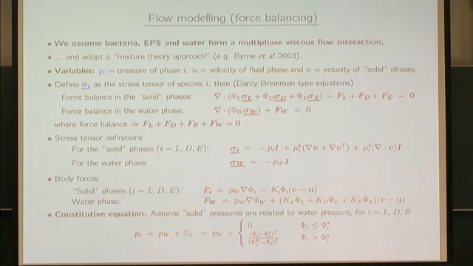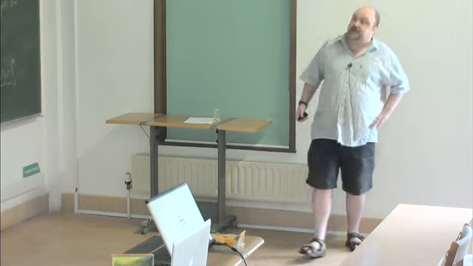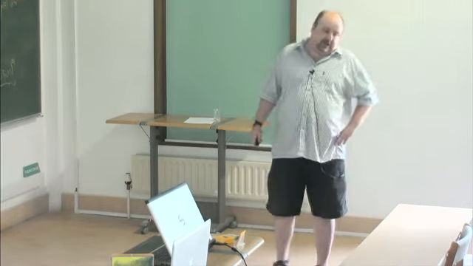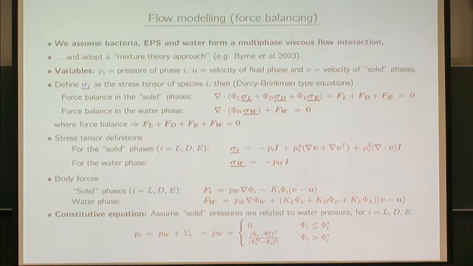In fact, there's more inspiration from a model for tumours, which was taken from mixture theory. So basically, the idea is we've got a multi-phase system. We've got live cells, dead cells, water, and EPS. And we've decided that the non-water phases move at one velocity and the water phase at another velocity.